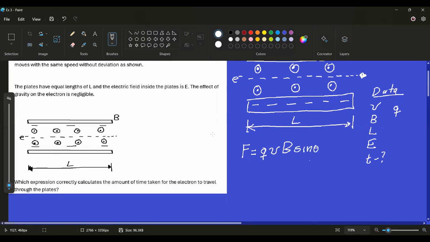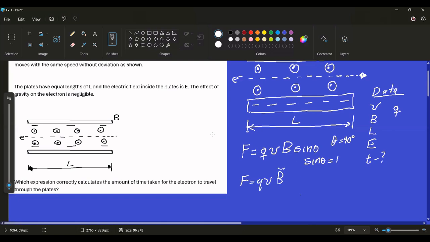But we take sine theta equal to 1 because the electron is moving in a straight line, perpendicular to the field, so it's sine 90, which gives us 1. So in the end, we have F equals Q V B.